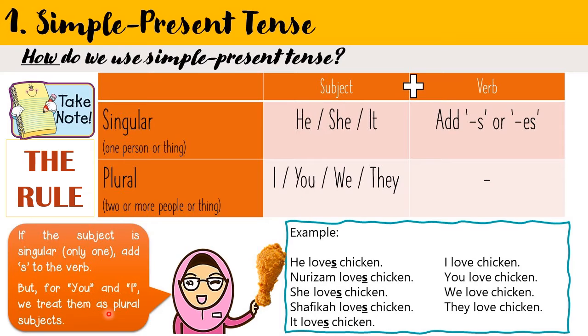For you and I, we treat them as plural subjects, okay? So I, you, we, they, you all, you don't add s to the verb, sorry. Okay, so I love chicken, you love chicken, we love chicken, they love chicken. You don't add s. Okay, so this is the golden rule that you have to remember.